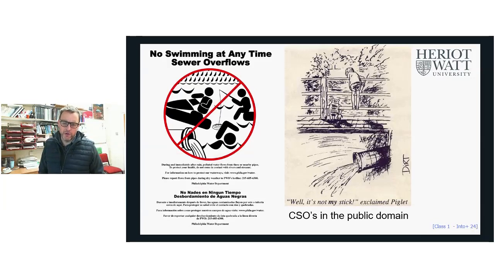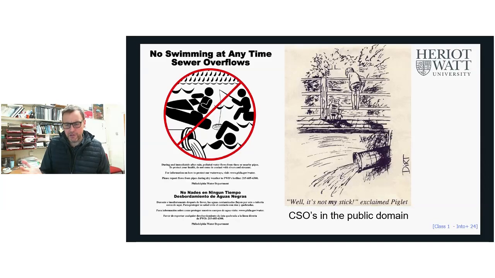So the cartoon on the right is from the 1990s, from a magazine called Private Eye, where Christopher Robin and Winnie the Pooh and Piglet are playing their game of Pooh Sticks. So this is a game where they each put a stick in the river on one side of the bridge, then they go to the other side of the bridge to see whose stick comes out the other side first.